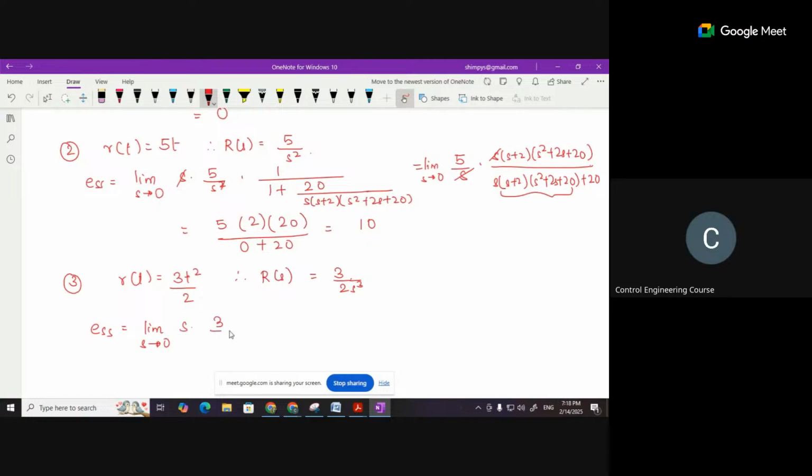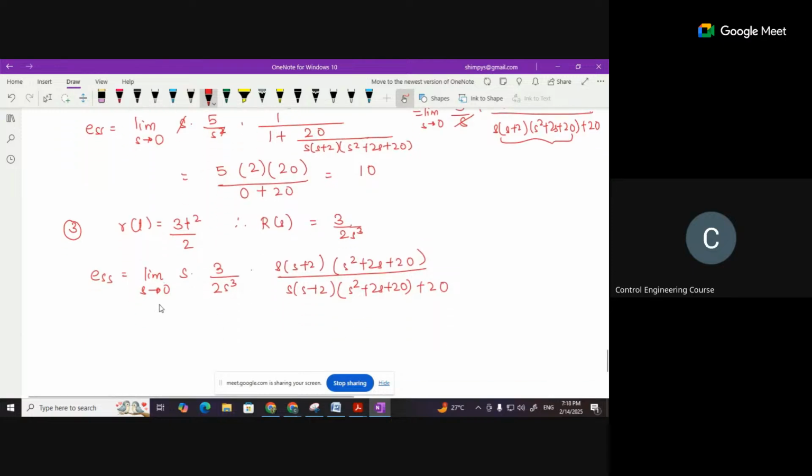S into 3 by 2 s cube into, shall I write it directly over here? s plus 2, s squared plus 2s plus 20, whole divided by s plus 2, s squared plus 2s plus 20 plus 20. So on solving it, what we'll get?